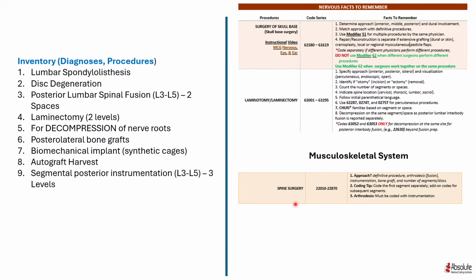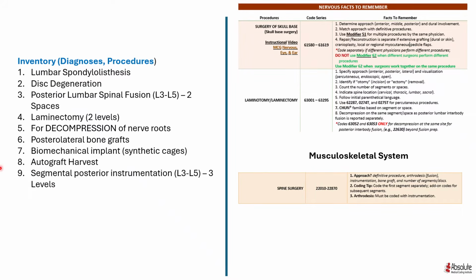Okay. You're going to code for your laminectomy, discectomy. You're going to make sure you acknowledge the decompression. Anytime you're talking about decompression, you're talking about the spine, right? Also, your posterolateral bone grafts, your implant, your autograft, and your instrumentation. You got to code for all of them.